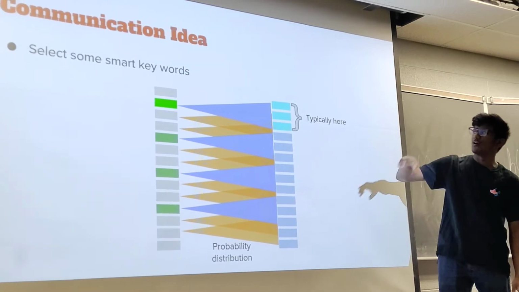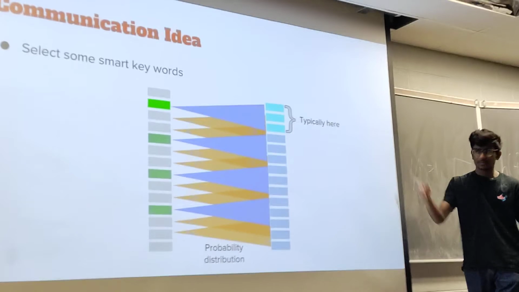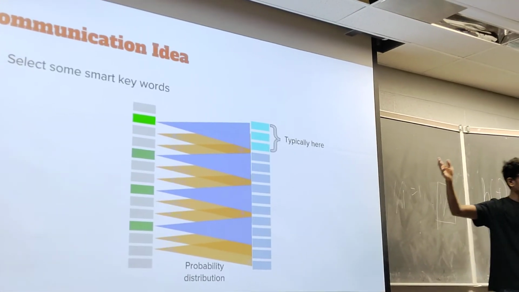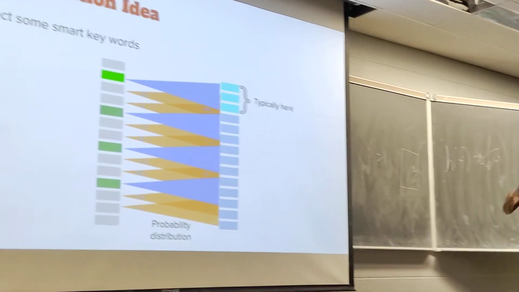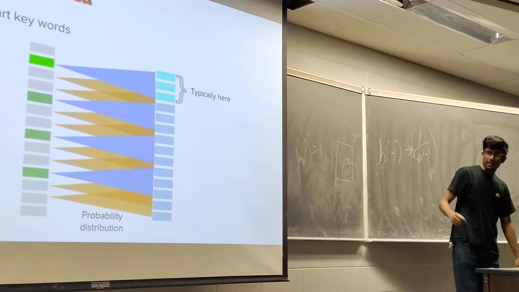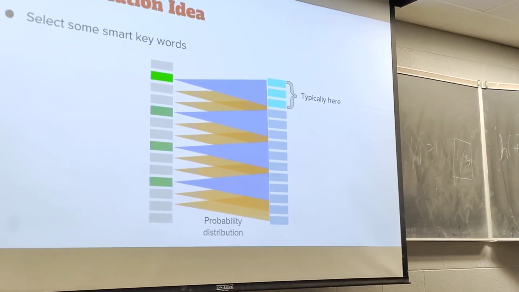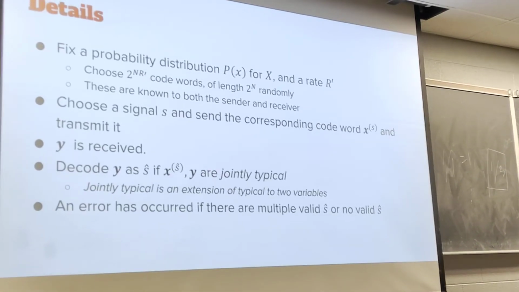And if I send that code word, you're probably going to end up there. And so if you end up there, just decode it as that, right? And a similar type of thing going on for the rest of them. So if your output string is typical for a given input string, then you decode it as that. Plain and simple.